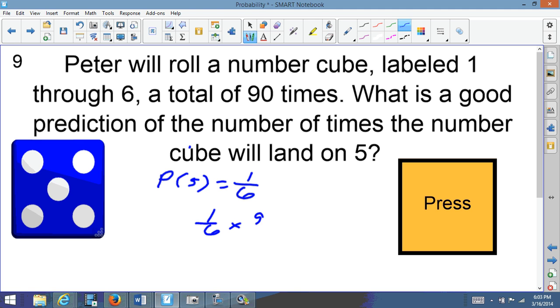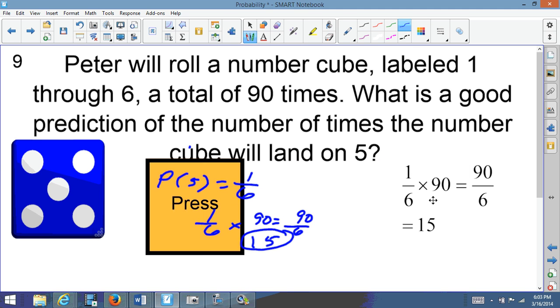If I multiply that, I would get 90 out of 6, because that would be the number of times he rolled it, 90 times, and one occurrence out of 6 would be the chances of getting a 5. So if I reduce 90 out of 6, I would get 15. So I'd expect to get 15 fives. So the chances of him landing on a 5 would be 15.